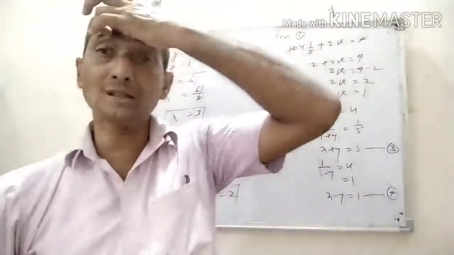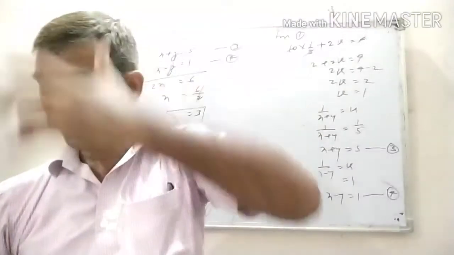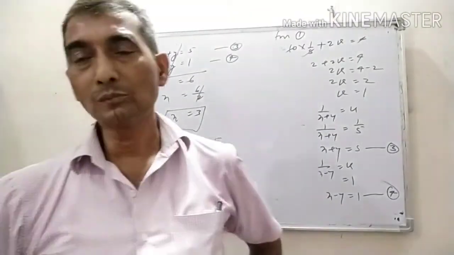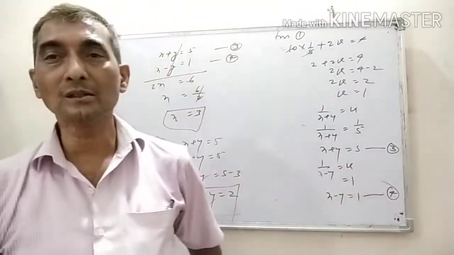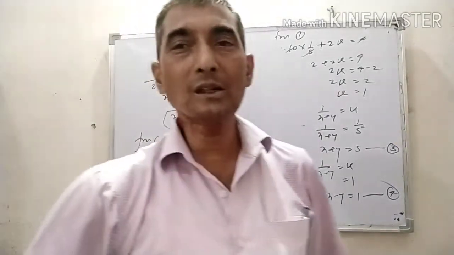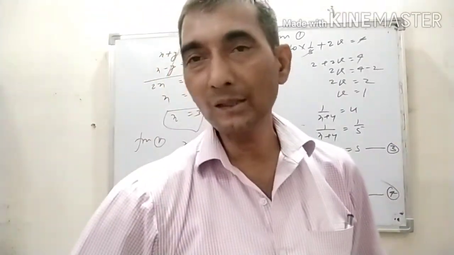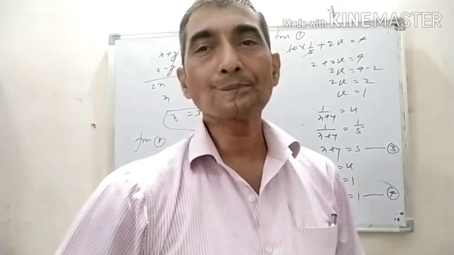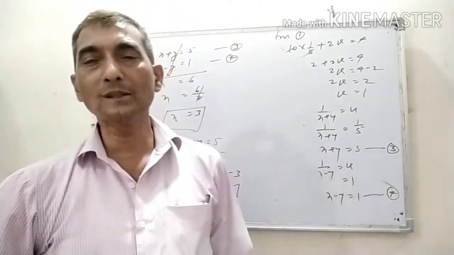Now the second is 1 by 2 u minus 1 by 2 v equal to minus 1 by 8, multiplying by 8, you can see that u minus v equal to minus 1 by 4, or 4u minus 4v equal to minus 1.